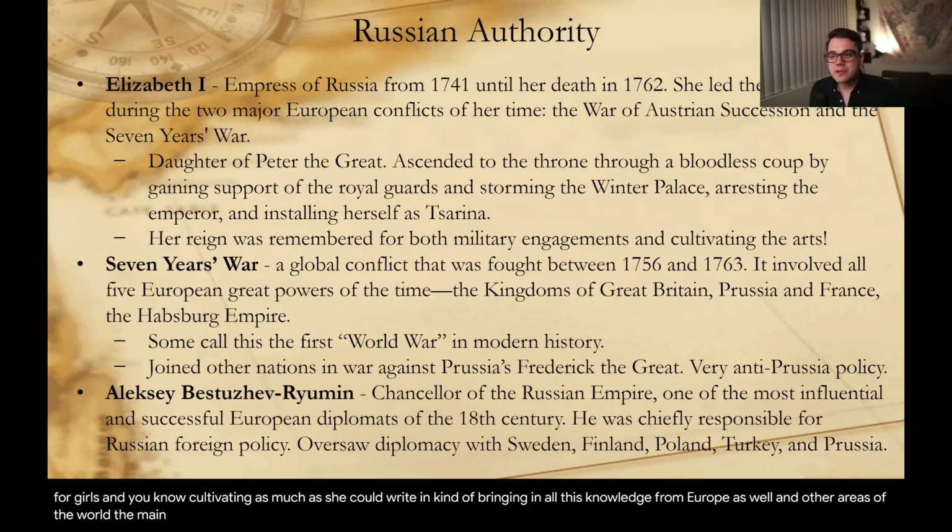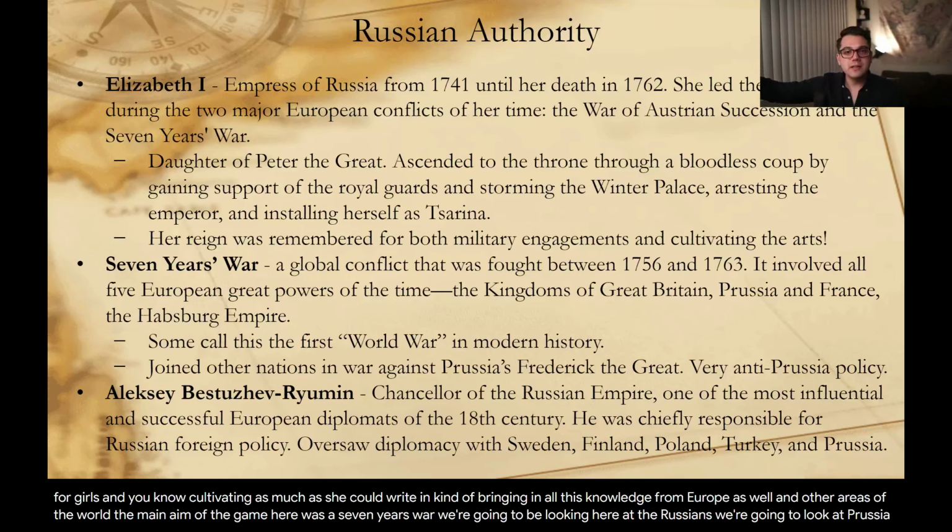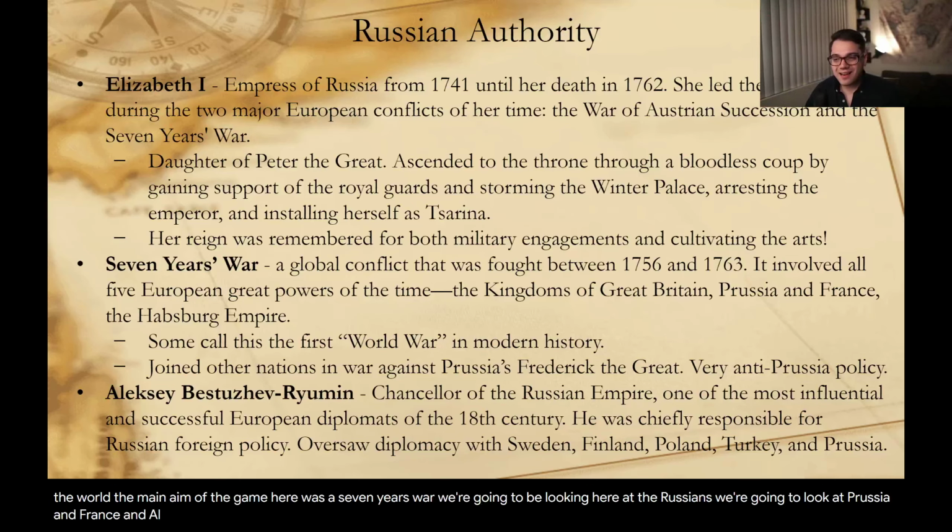But the main name of the game here was the Seven Years' War. We're going to be looking here at the Russians. We're going to look at Prussia and France. And a lot of them were intertwined in this Seven Years' War. And essentially, it was such an enormous conflict, right, that ended up stretching outside of Europe as well.